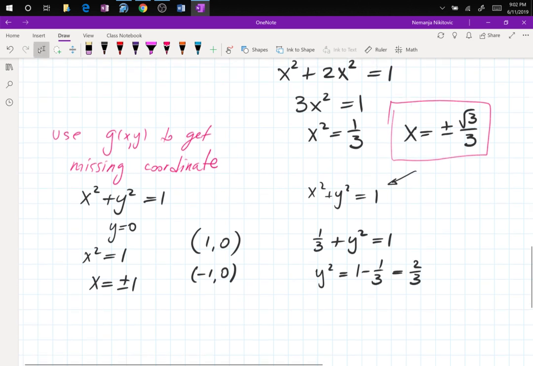Then I take the square root, so y is equal to plus or minus the square root of 2/3, which is plus or minus root 6 over 3.